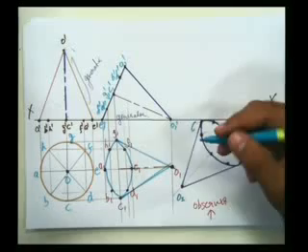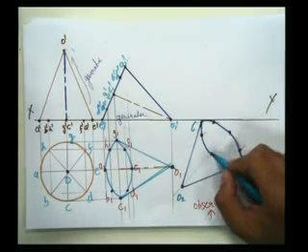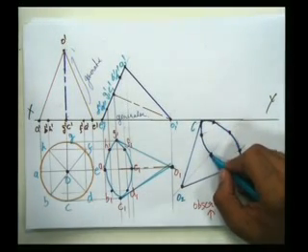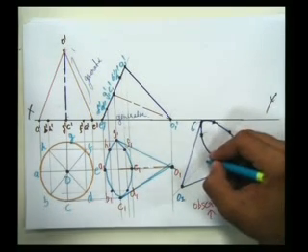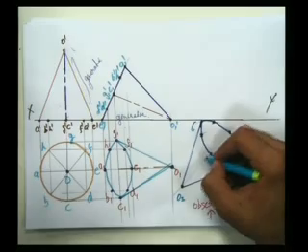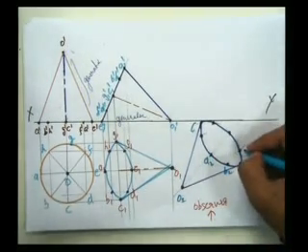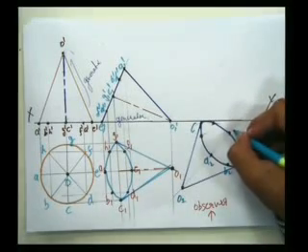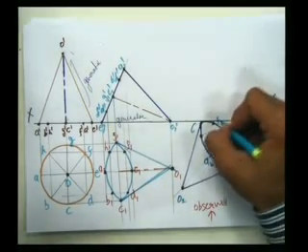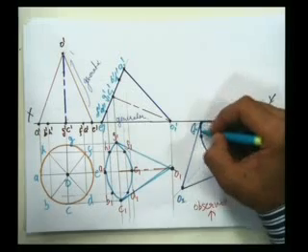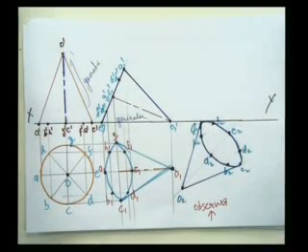So this point we will consider as A. If we consider this as A, then it will be more clear. So this is A2, B2, C2, D2, E2, F2, G2 and H2. Now let's extend these lines upwards.